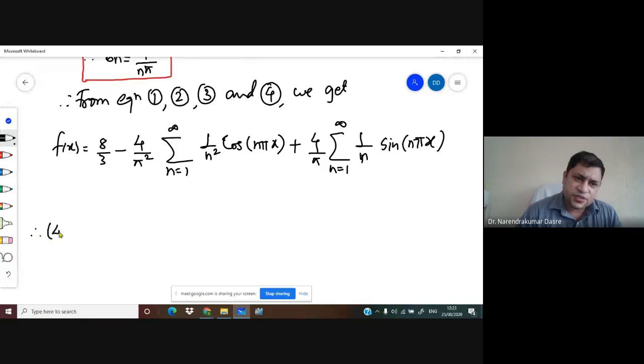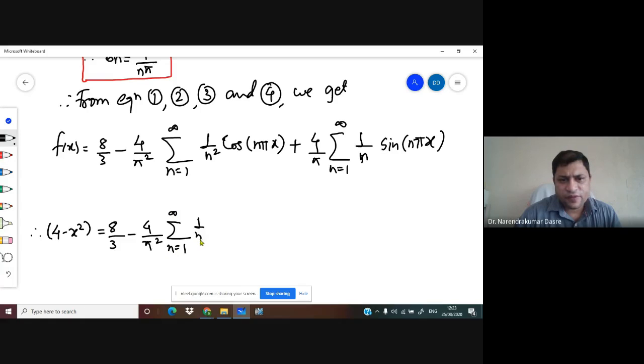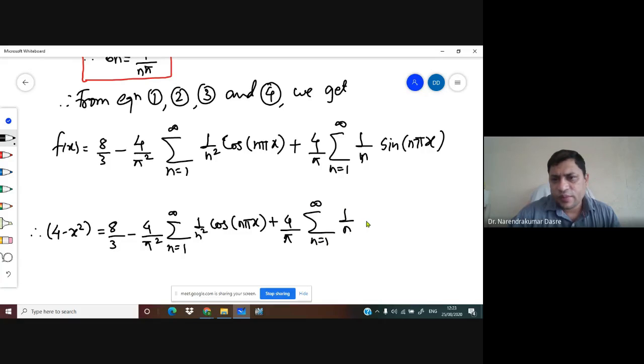Or we can write this as 4 minus x square is equal to 8 by 3 minus 4 upon pi square summation n running from 1 to infinity 1 upon n square cos of n pi x plus 4 upon pi summation n running from 1 to infinity 1 by n and sine of n pi x.